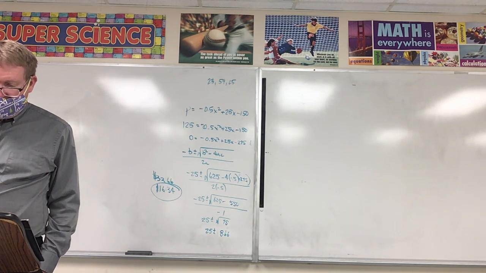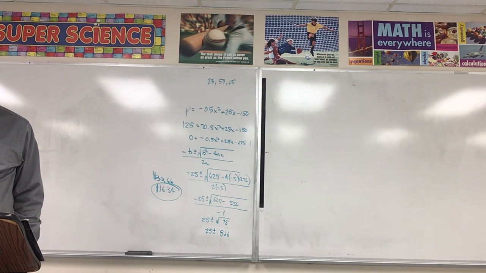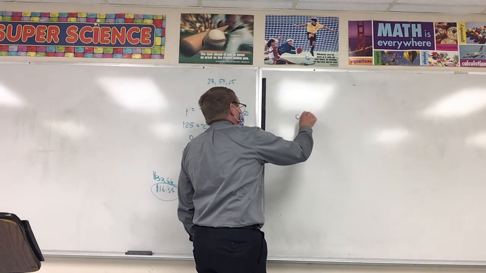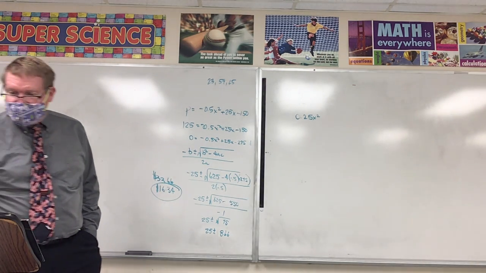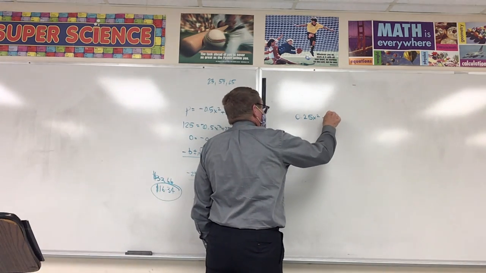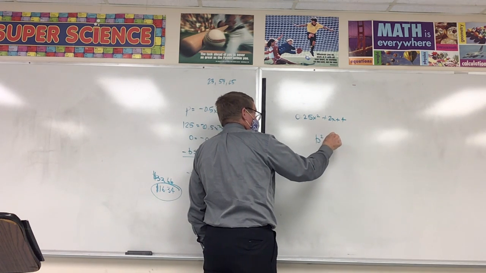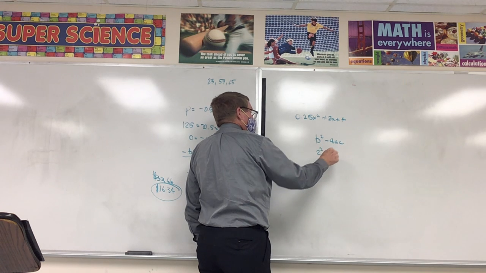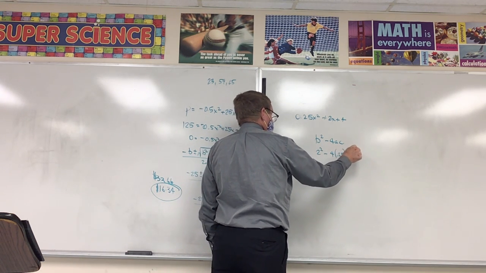All right, the next one was 59. Somebody asked about 59. Without graphing, determine how many x-intercepts. So 0.25x squared, make sure I write this down right this time, plus 2x plus 4. Again, we're using the discriminant, b squared minus 4ac. So it's going to be 2 squared minus 4 times 0.25 times 4.